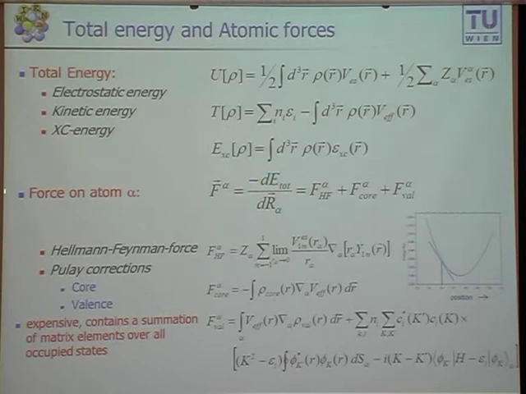I was talking about forces, which are very important for structure optimization. An atomic force is clear, is the negative derivative of the energy with respect to the position of this atom. Just think of such a picture, total energy as a function of, let's say, the distance between two atoms in a two-atomic molecule. That will have some minimum here. That is what we want to find.